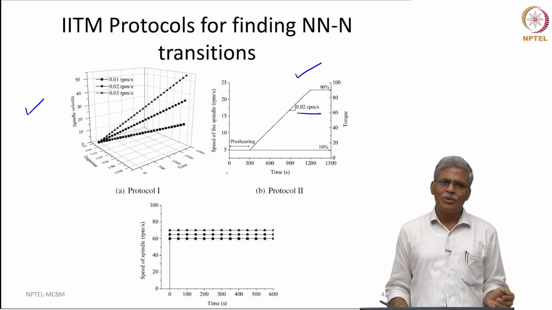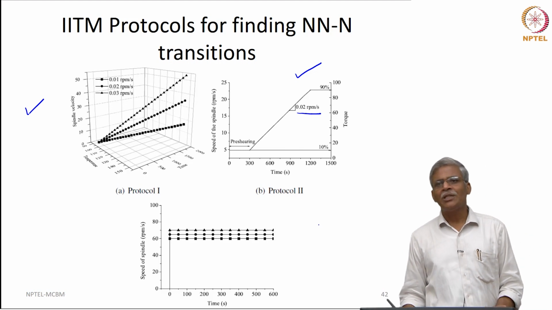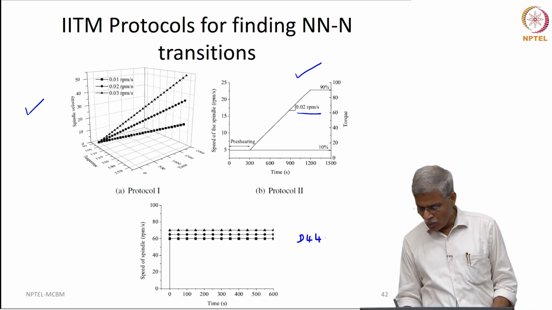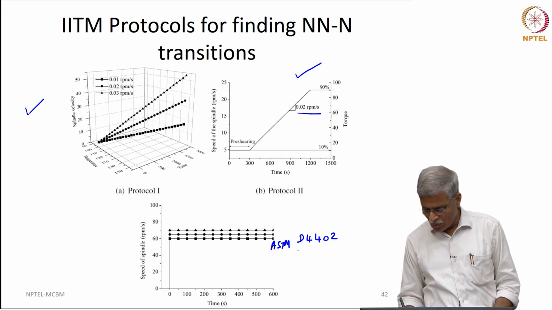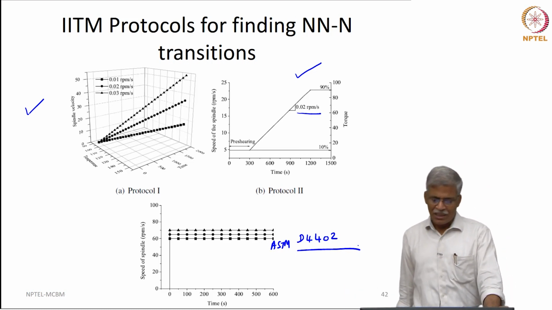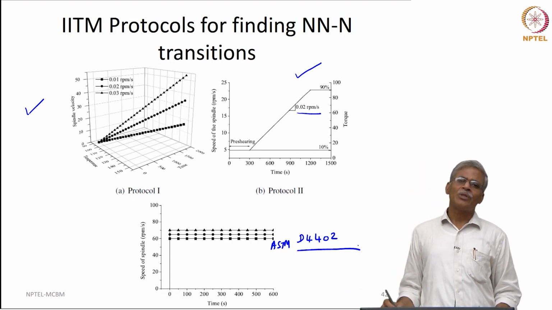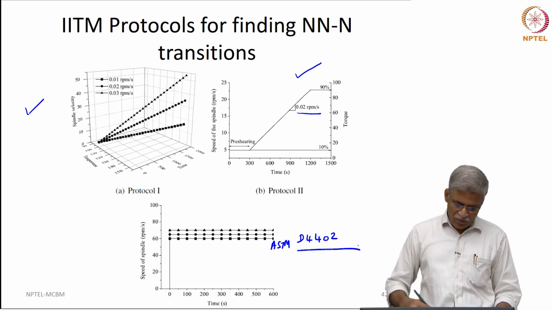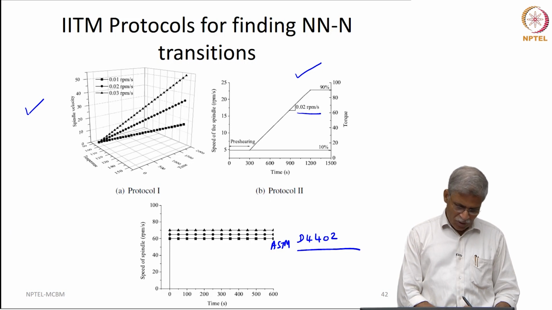In addition to this, there are also some steady shear protocols that are followed, similar to what is mentioned in the ASTM D4402 standard. So, basically we apply a steady shear rate and then we find out how the viscosity is varying as a function of shear rate for the different shear rates to which we subjected it.